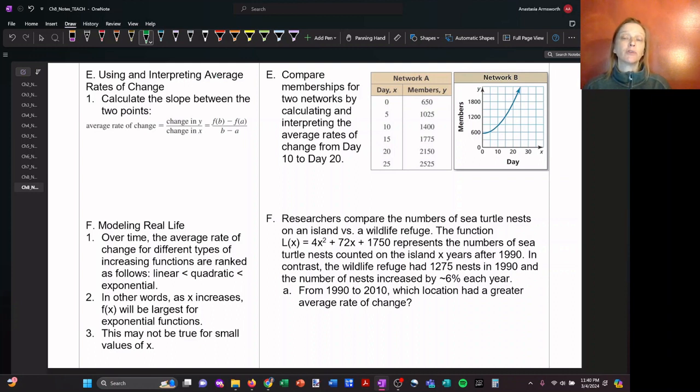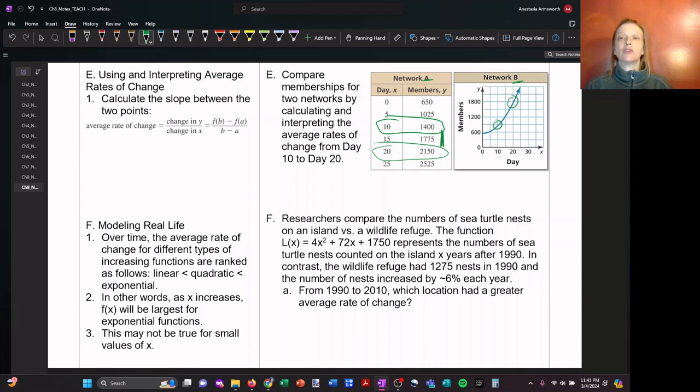I've got actual numbers in this data table for network A, and then I've got a graph of members in network B. And I want to compare the rate of change from day 10 to day 20. I'm finding how quickly those numbers changed there to what I see on this graph here, going from day 10 to day 20.